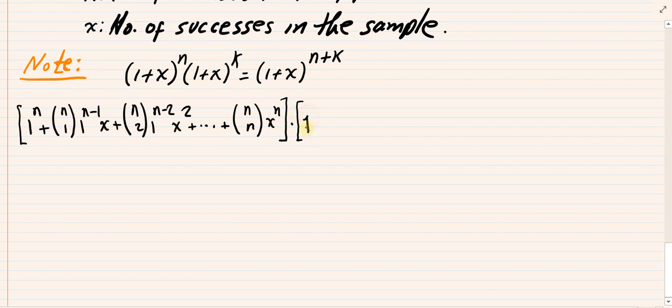Then we're going to multiply this by the second binomial, 1 plus x to the k, right? So for this one, it's going to be 1 to the k, and of course that's 1 just as 1 to the n is in the beginning.